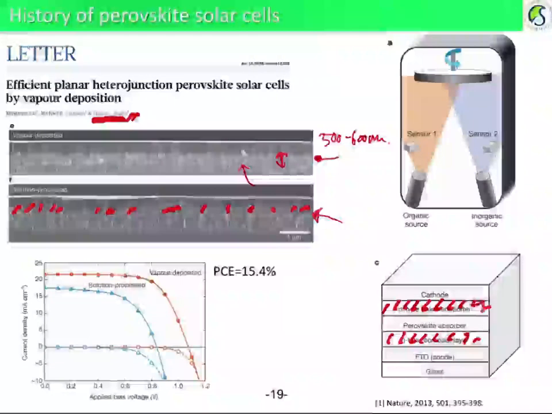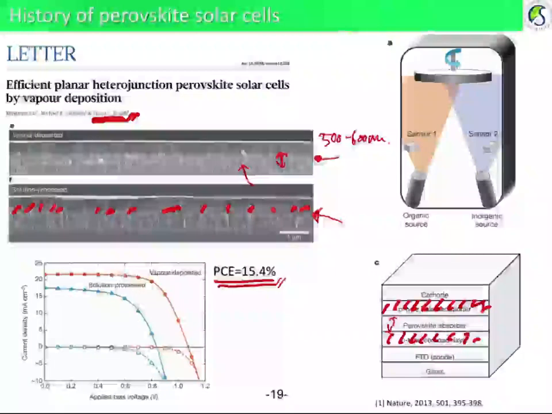So the charge should transport through the perovskite layer itself to reach the selective charge transporting layer. Based on the planar heterojunction structure, they were able to achieve an efficiency as high as 15.4%.